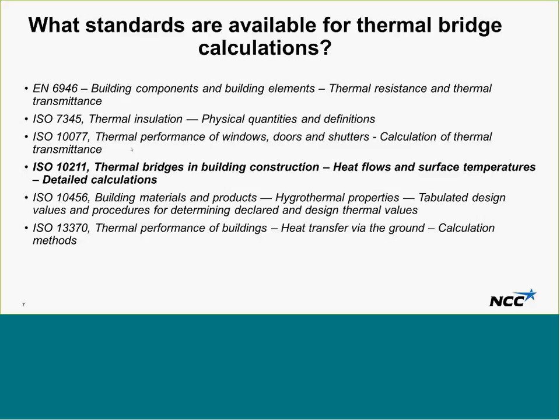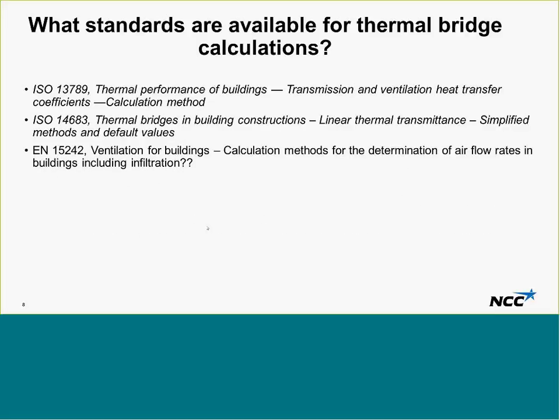The most important one that we use when we're doing energy calculations is the 10211, which shows you how you should calculate thermal bridges in building constructions, which I'm also going to show you a little bit more. 10456, don't use too much, hydrothermal properties and thermal performance of buildings. Heat transfer via the ground is also there. And then we have a few other standards, but some of them are not as useful for thermal bridge calculations. They're more related to energy.